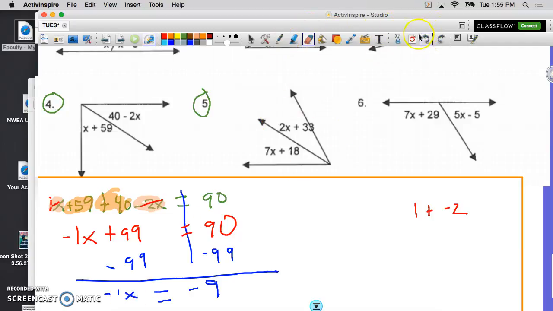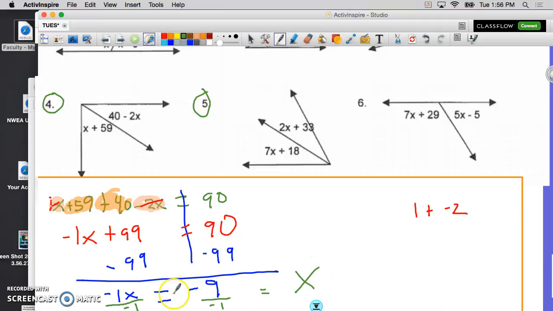Why? Because it's a negative, okay? And you can't have a negative x. So the reason why I kept this negative 1 visible is because I will now divide by negative 1 on both sides. You have to do this when you're doing negatives, okay? That way, your x will come out as positive, because negative 1 divided by negative 1, as you know, is a positive.